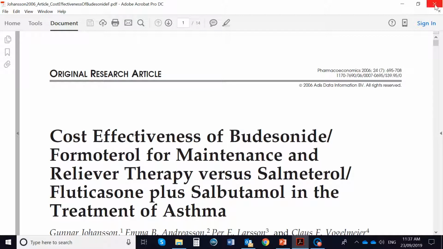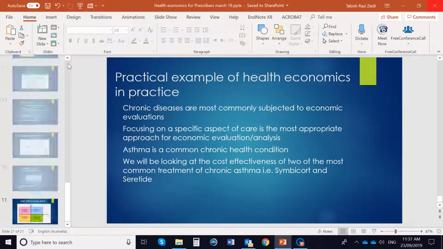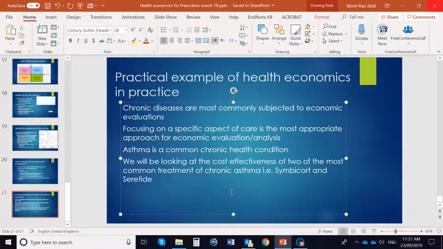After that, I'll just cover a few minutes on how you can demonstrate in your portfolio the requirement of applying the principles of health economics. Make sure that you're not just talking about the cost of the medicine.